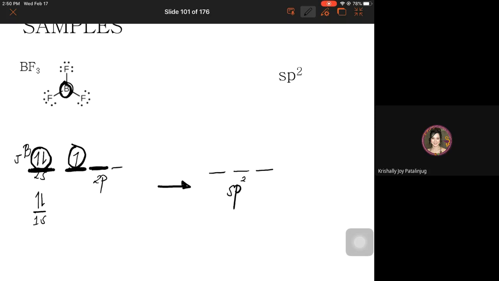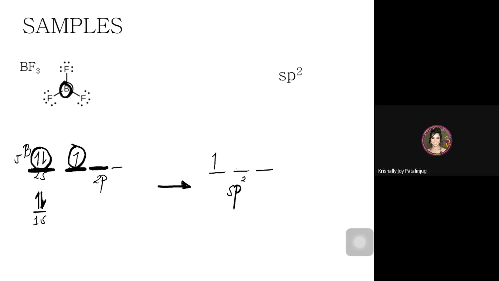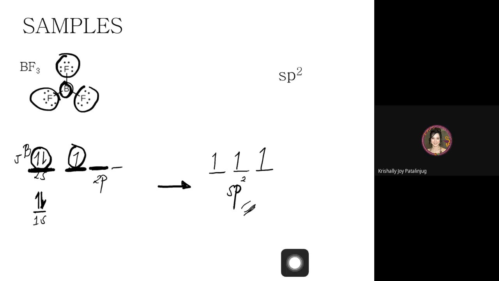Okay. So from 1s2, yung remaining 3 valence electrons will be singly distributed to sp2. Alright. So this time, after mixing atomic orbitals, sa new hybrid orbitals, meron na tayong 3 half-filled na sp2 orbitals. And these 3 half-filled sp2 orbitals can now overlap to the 2p orbital of each fluorine. Alright?